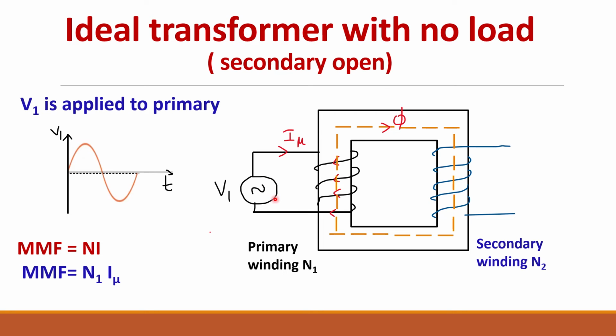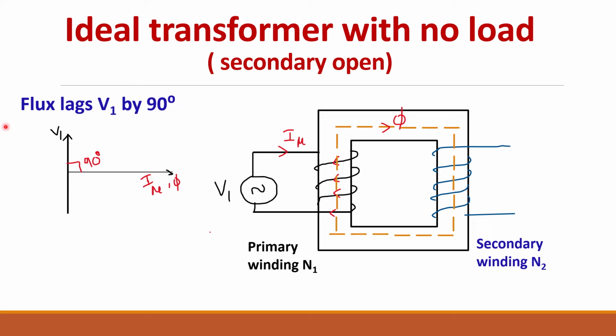Now you have to remember one thing. Already we have assumed that the winding does not have any resistance. It is purely inductance. So in a pure inductive circuit, the current lags the voltage by 90 degrees. You can see here, I have taken V1 in this direction, and the magnetizing current I mu is flowing through a pure inductive coil, so the current lags V by 90 degrees.